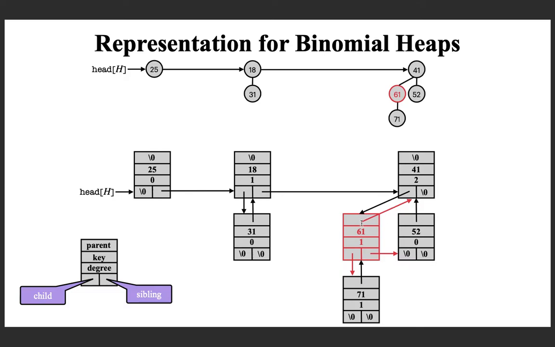So parent of 61 is pointing to this node. And what is the key? Key is 61, which is stored here. And what is the degree of node 61? It has just one child, so it is 1. And now what is the child? Child is actually pointing to the leftmost child of that node.